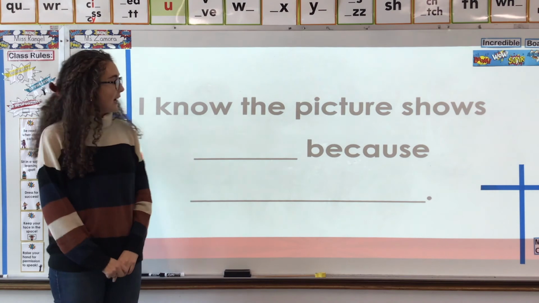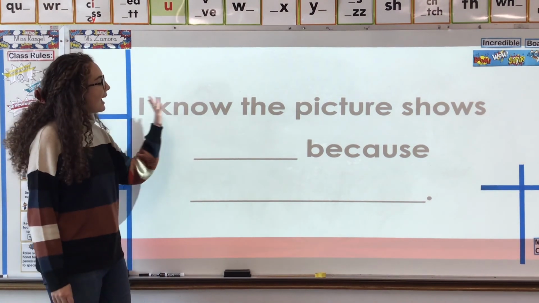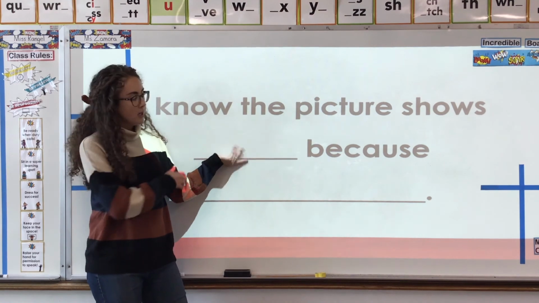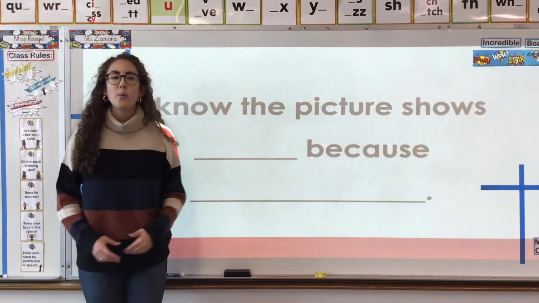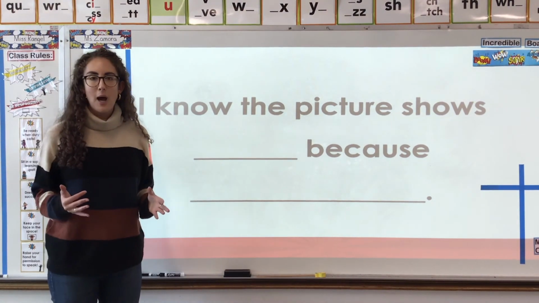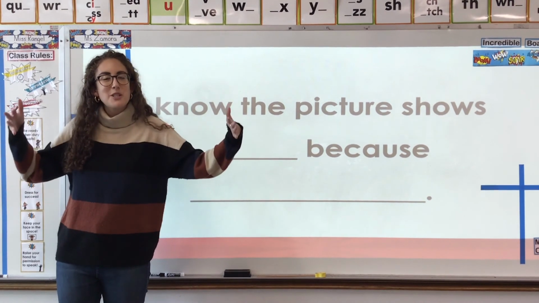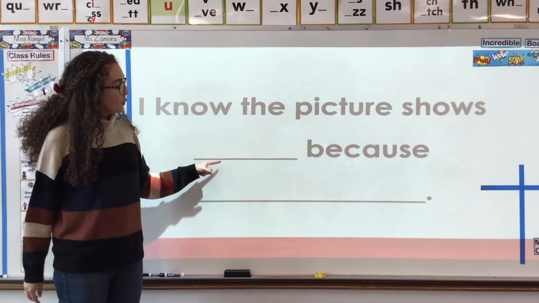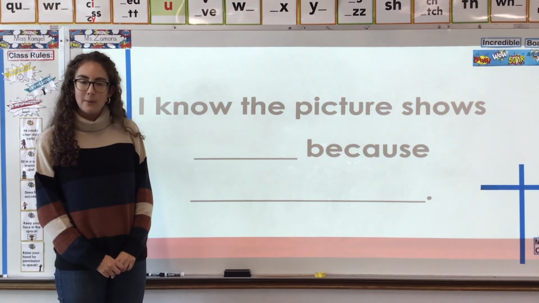And you can frame your answer like this. I know the picture shows a number because what? How do you know? What were you able to identify in that picture to prove what number it's showing?